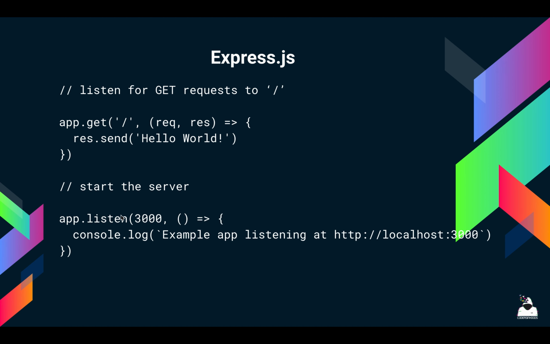So the general structure to set up Express apps, I don't think it needs to be in this order. I don't think it's actually required, but generally this is how it is structured.